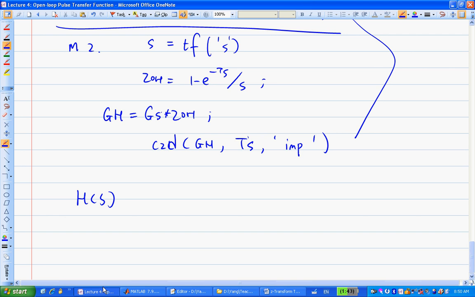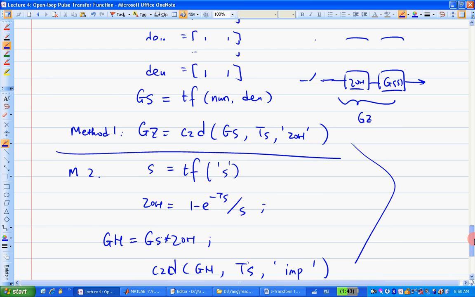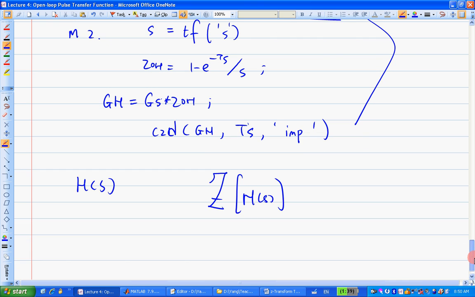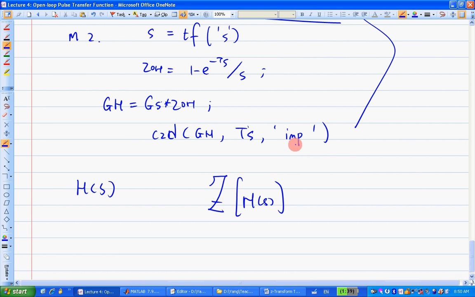So basically, when you see Z of H of S, I think I mentioned this here, when you see the Z transform of a certain H of S written like this, that means if you want to verify it using the command C2D, you give the option input as IMP.